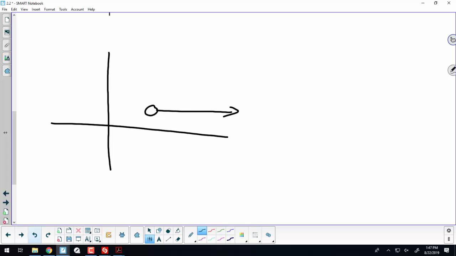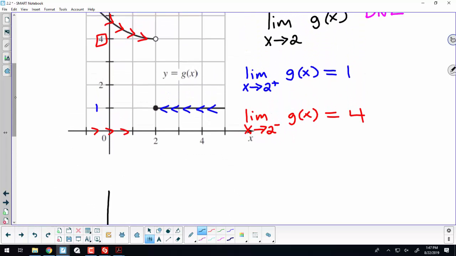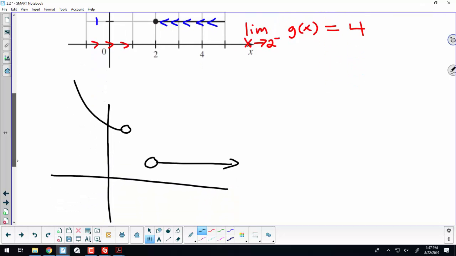So the parabolic piece was just shifted over 1 unit to the left. If that piece were right here and this piece were here at 2, what would be the limit as x approaches 2 then?